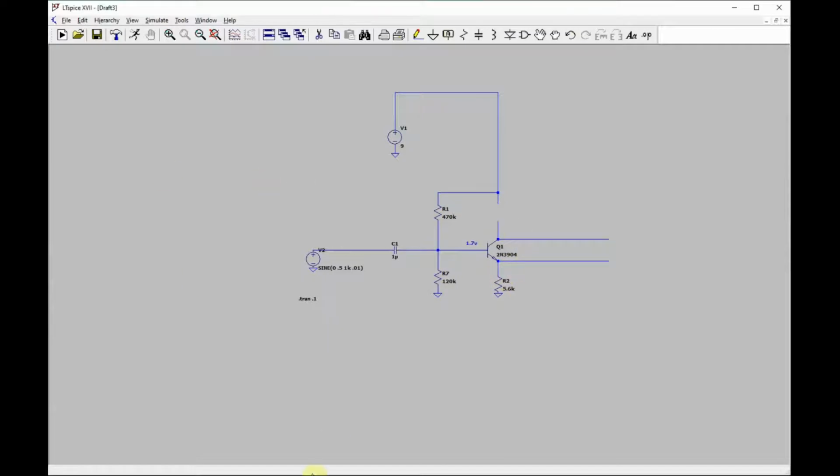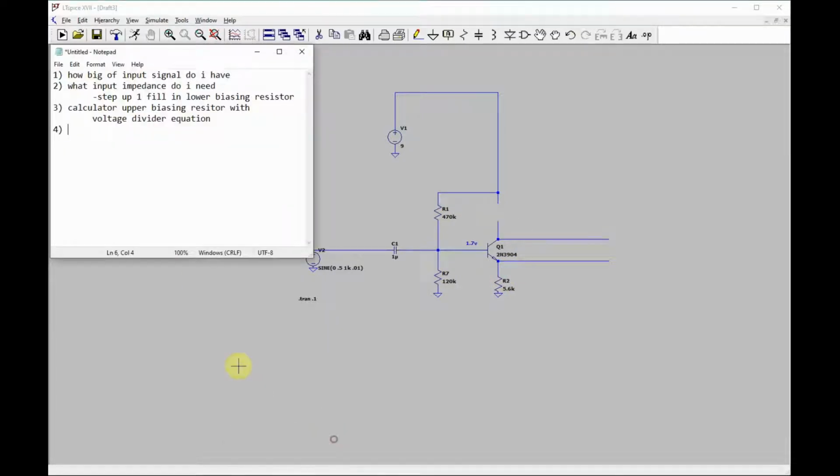So the next step then would be to divide the lower biasing resistor by 10, then by 2. So what's that, by 20 actually?